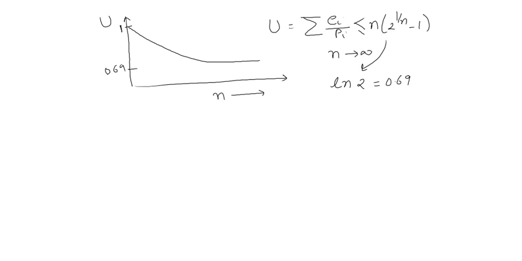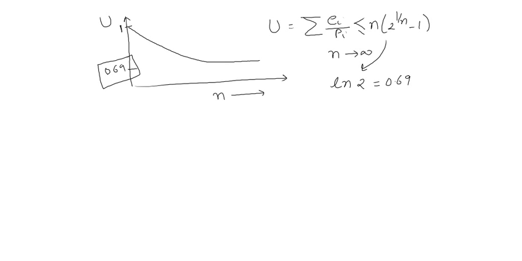If n is very large, this is approximated by log 2, and this is somewhere around 0.69. So your utilization is going down when you are increasing the tasks. Is that clear? So we can say that your utilization is bounded by this number when n is going to infinity.